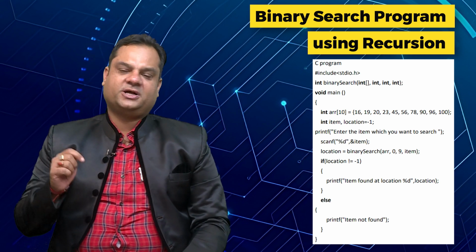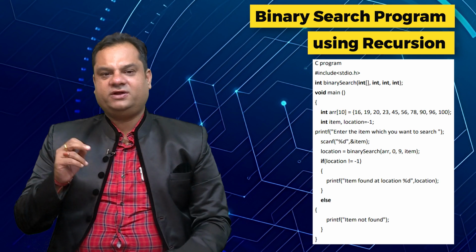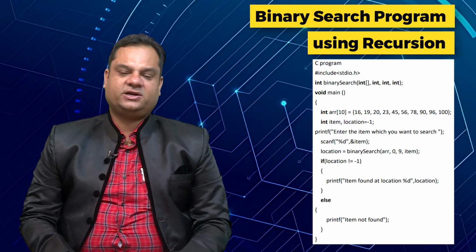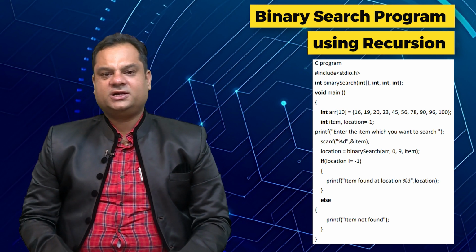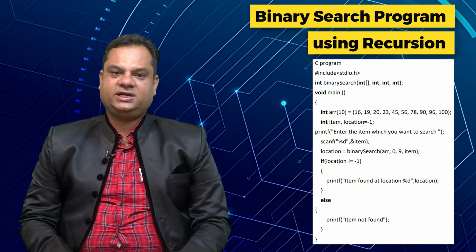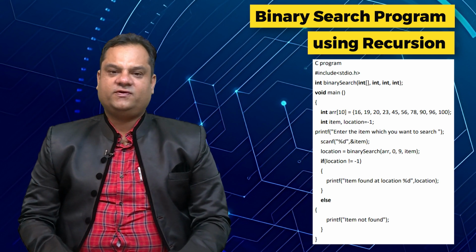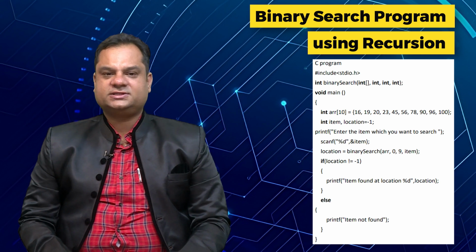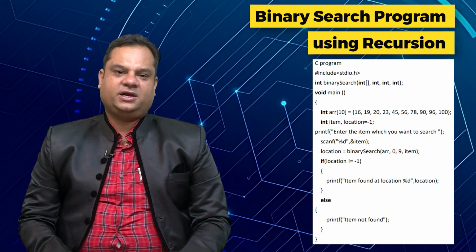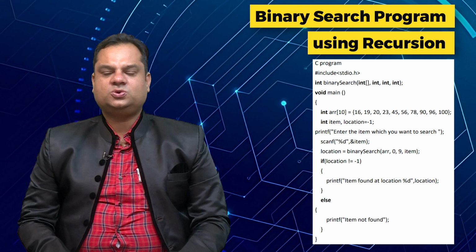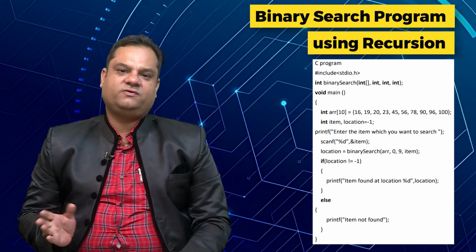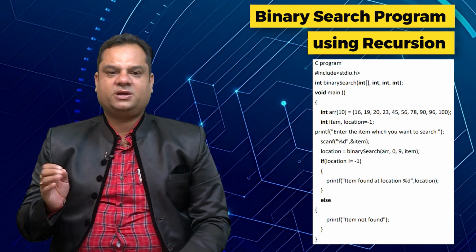Then you start with int array of size 10, which means 10 data items should be stored in the array, and pass the values 16, 19, 20, 23, 45, 56, 78, 90, 96, 100. Initially also take int item and location equal to minus 1, because before starting the search, location should be minus 1.